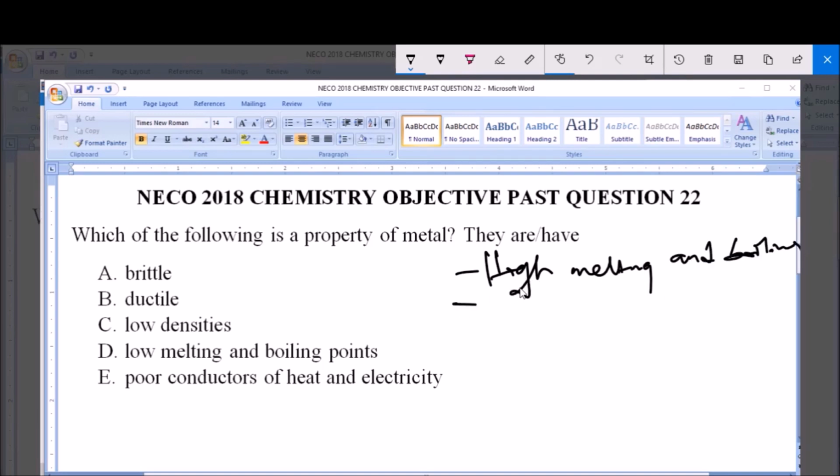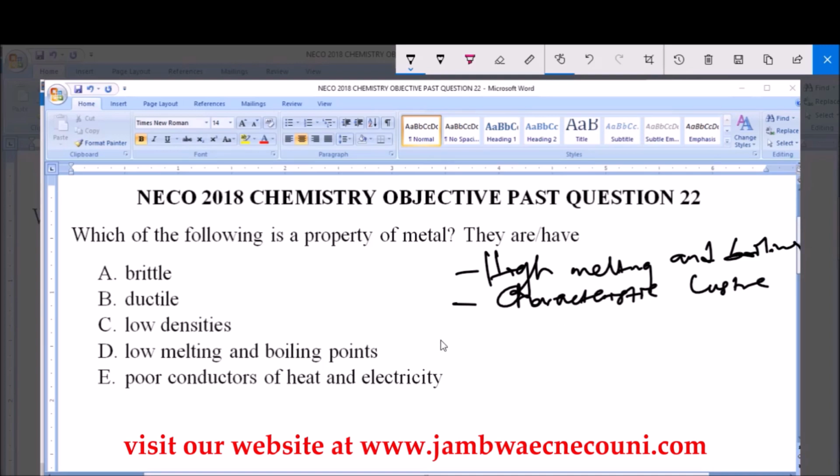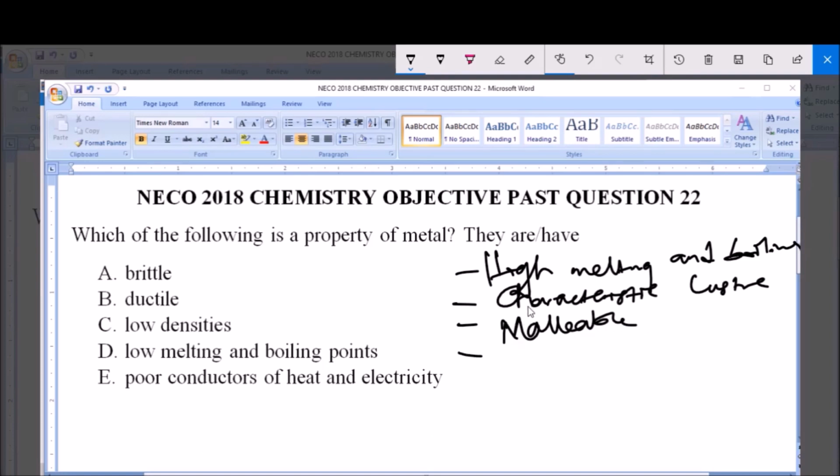Two, metals have characteristic luster, that is, their characteristic color peculiar to them. Metals are malleable, that is, they can be beaten into sheets. Also, metals are ductile, that is, they can be drawn into wire. Metals are sonorous, they produce notes, that is, sounds.